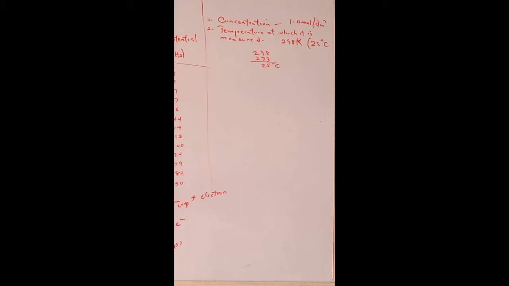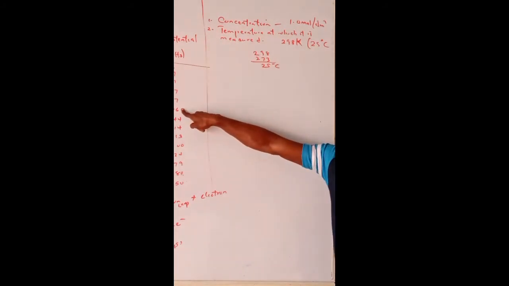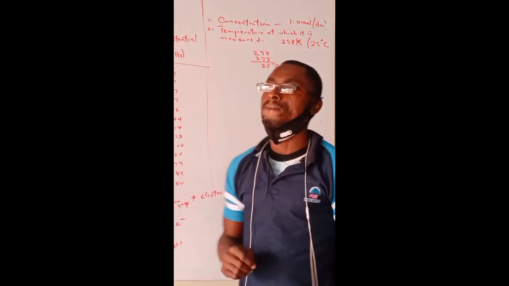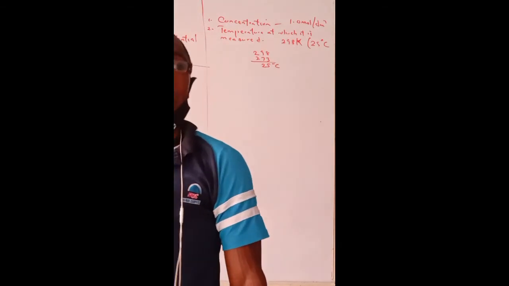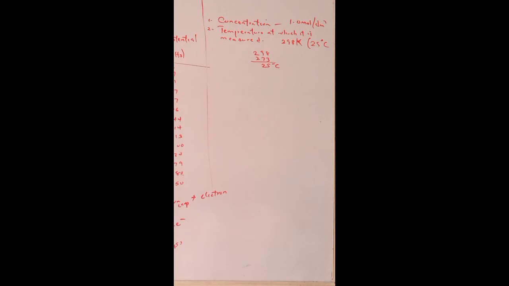Standard electrode potential for zinc is minus 0.76, while that of copper is plus 0.34. I want to show you how we get the potential difference for your battery, your primary cell, your Daniell cell.